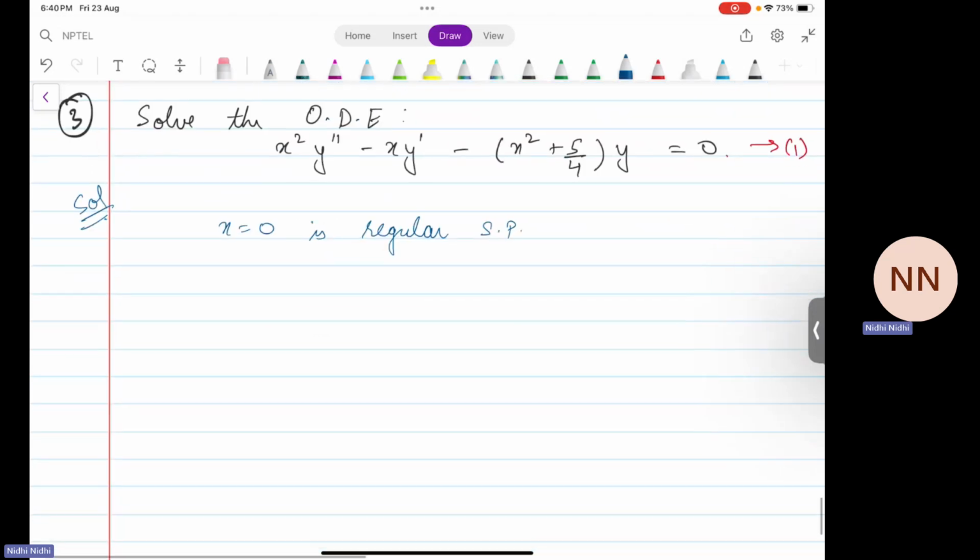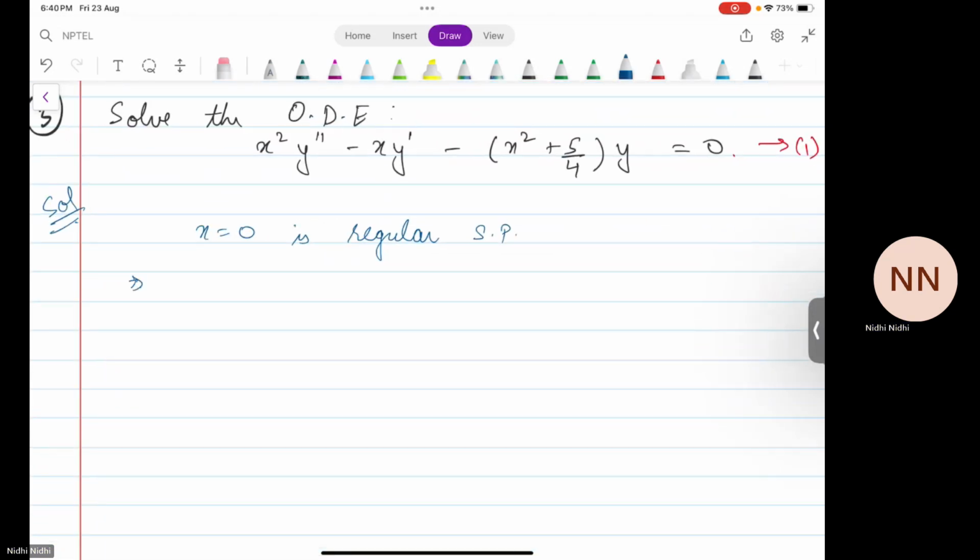This implies there exists a solution y(x) of the form summation n from 0 to infinity Cn x to the power n plus r, where C naught is non-zero.